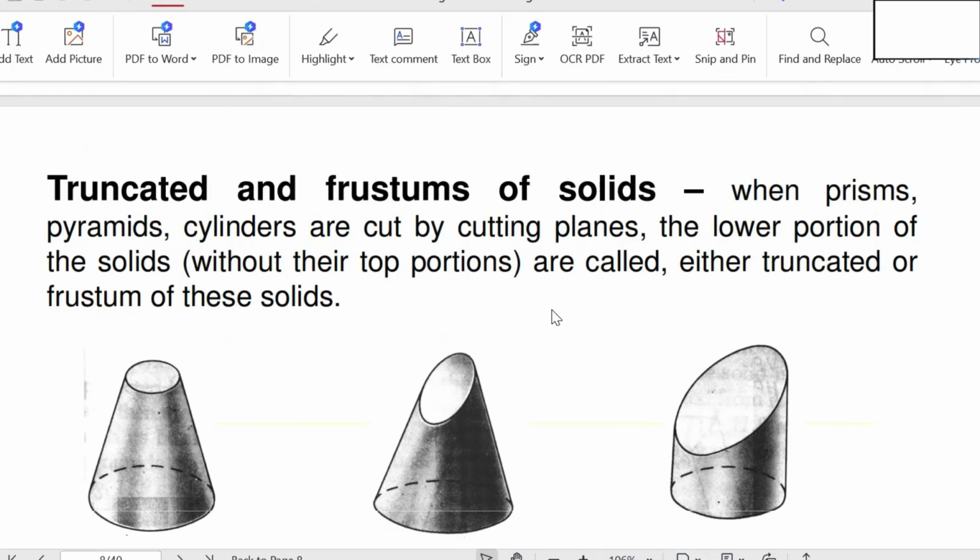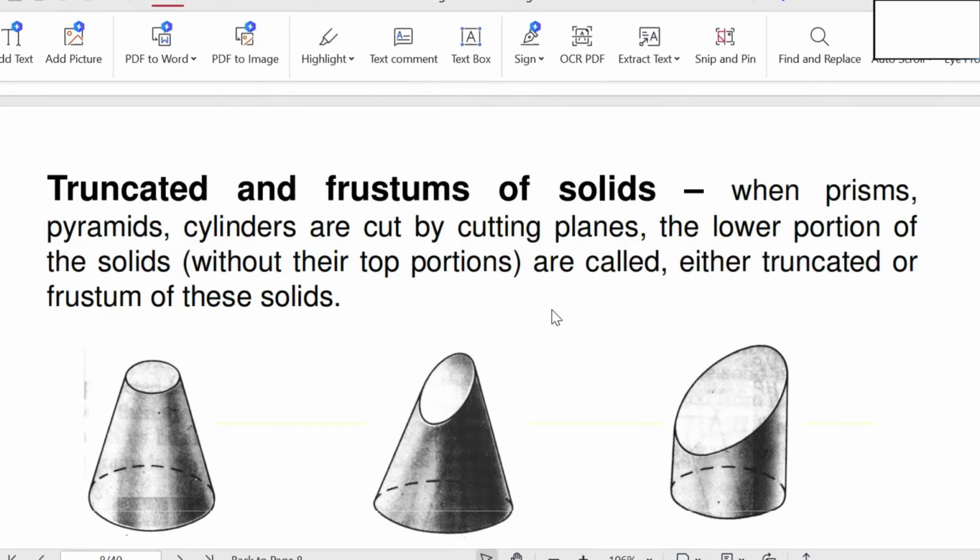So frustum of solid means whenever a sectional plane, a cutting plane, is used to cut the given solid, but the cutting is parallel to the base, then it is known as frustum of solid. Then coming to the second type, that is truncated.